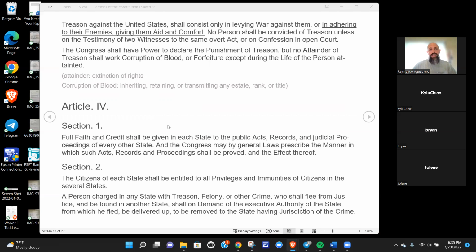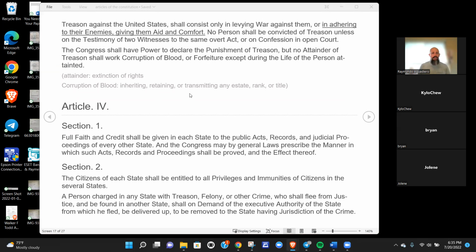You can't lose any rights for simply being convicted of treason. And corruption of blood is inheriting, retaining, or transmitting any state rank or title. So if you're rich and you commit treason, I'm thinking they can't take all your stuff. You can still transmit it or possibly receive transmission.